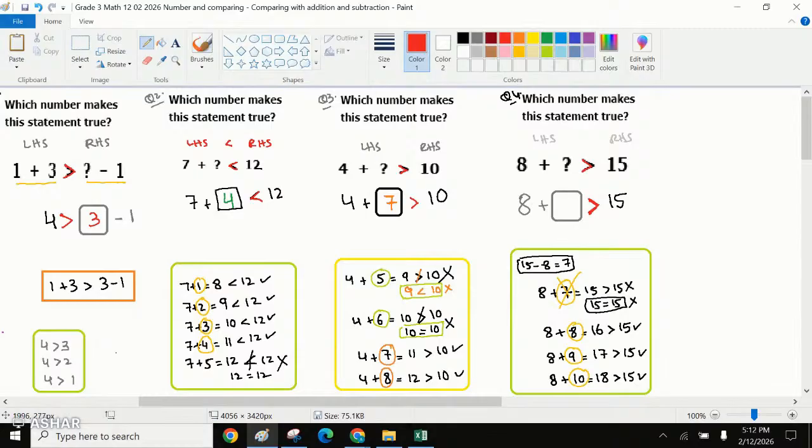I'll say 8 plus 8. The missing number can be 8. Or like Nate said, Nate is writing a 9. 8 plus 9 is 17, which is greater than 15. Agreed? So any number which makes the statement true would be correct. Agreed? Thank you, Nate.